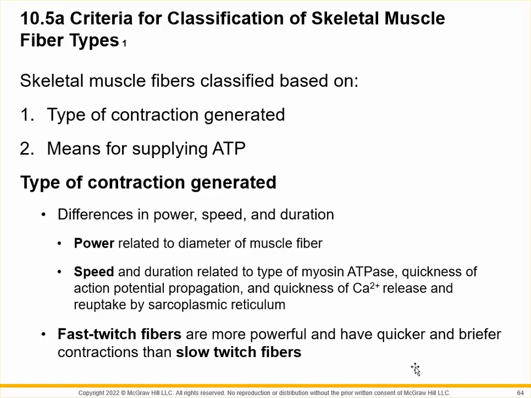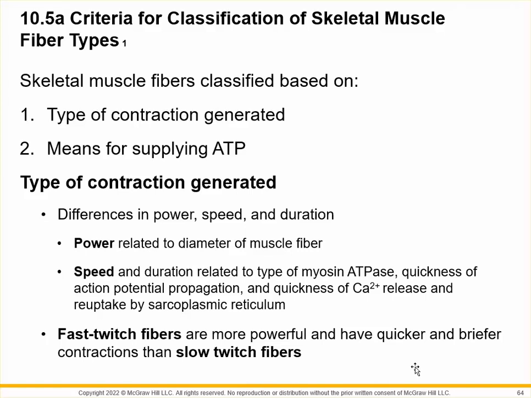The other way we classify them is by the way we get ATP. So the power is related to how many myofibrils are in the muscle fiber. So it's the diameter of the muscle fiber. More myofibrils, the stronger the contraction.